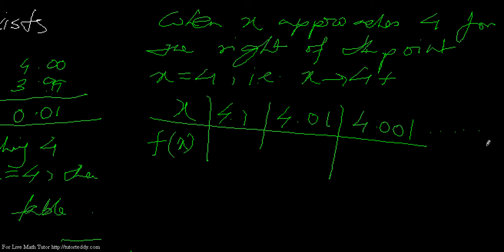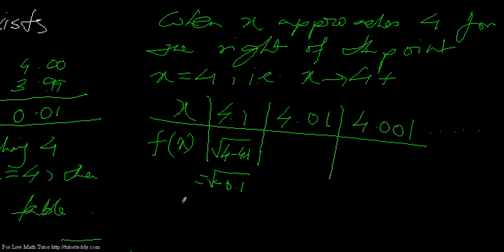Then for each of these values of x, we see that f(x) is imaginary. That means if x equals 4.1, f(x) is what? Square root of 4 minus 4.1, and you get the square root of minus 0.1. So this is an imaginary value.